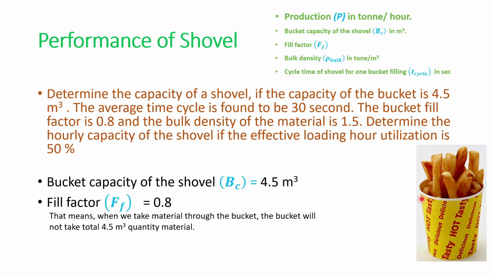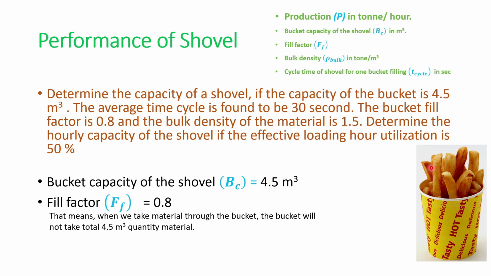Let us suppose you have this packet, you can say it is a bucket. Its capacity is 4.5 meter cube, and we have put these finger chips, let us suppose they are the iron ore material inside that bucket.